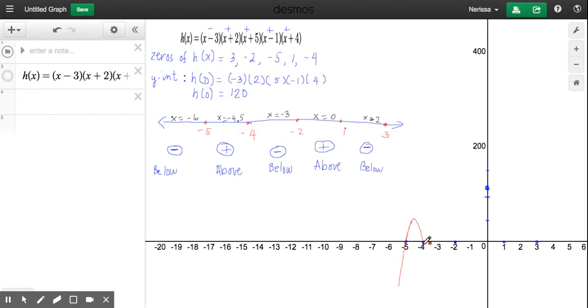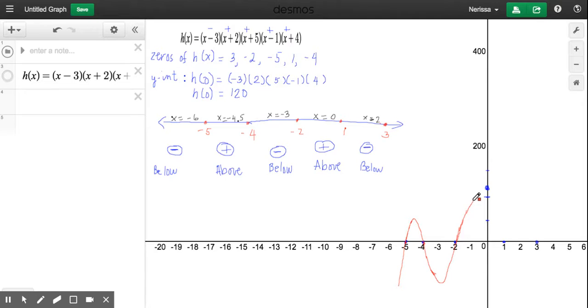So the graph will cross the x-axis at -4, but it needs to go back up so that it can go through the x-intercept -2. Then on the right side of -2, it says here the graph is above the x-axis. So again, it's going to cross the x-axis to go to the positive territory.